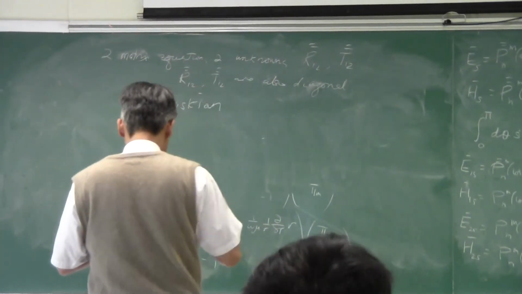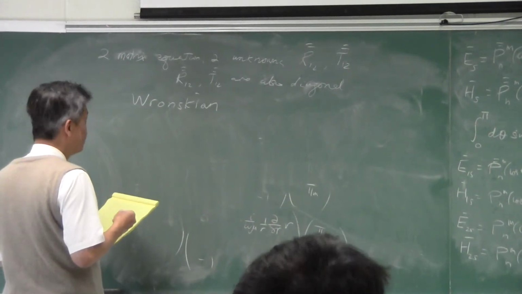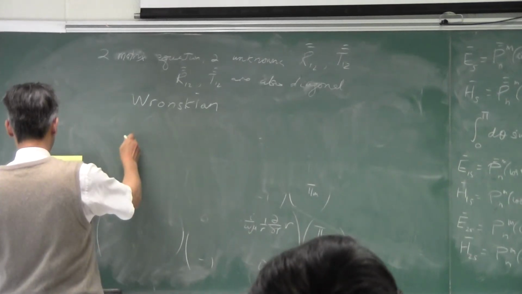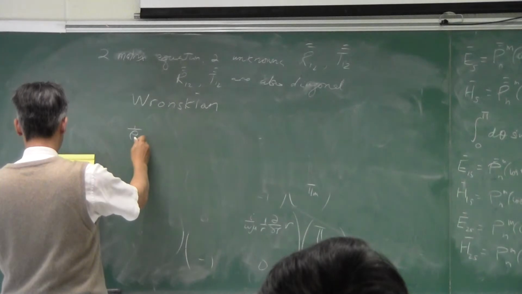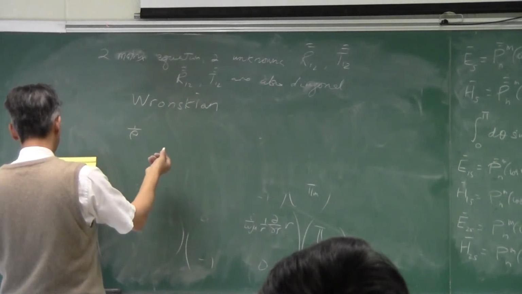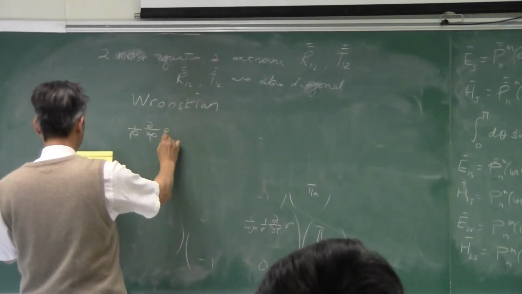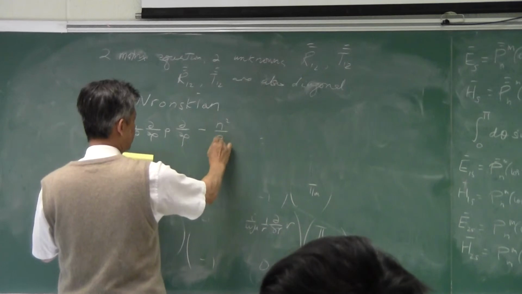What is the Wronskian? Okay, let me write the Bessel equation down for Bessel function. Well, let me just do it for cylindrical coordinate system. You can also do it for spherical coordinate system or cylindrical coordinate system.